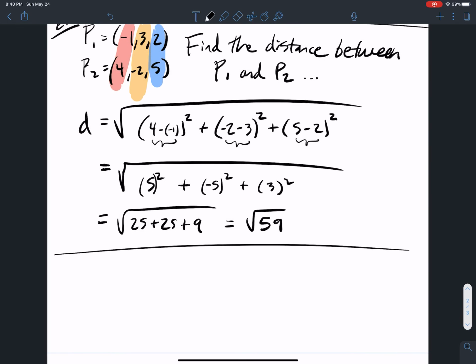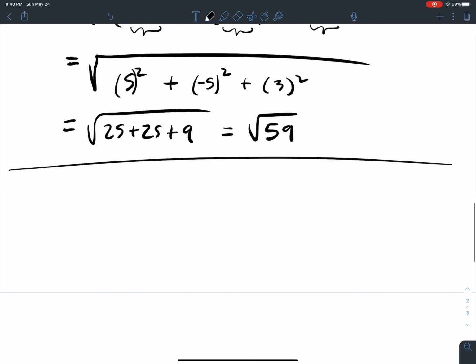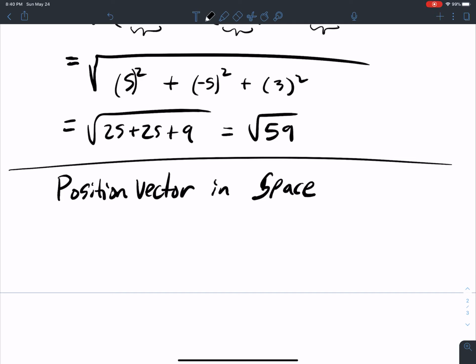All right, now you might be asked to find the position vector in space. So you have some x, some y, some z. So your unit vectors are i, and you've got j, but you've also got a new axis, that z-axis, so we need another letter, so we're going to use k.